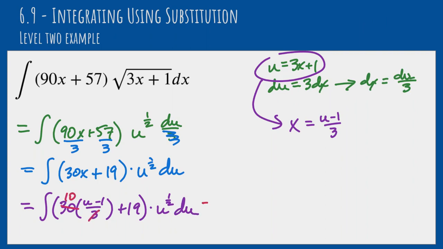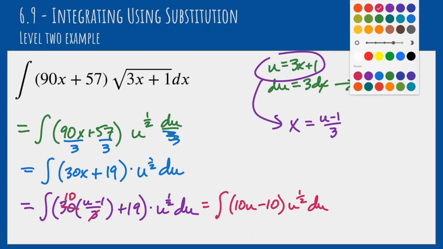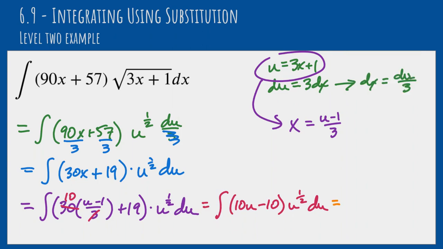So we get the antiderivative of 10u minus 10 times u to the 1 half du. And that we can actually distribute. So we can rewrite that as the antiderivative of 10u to the 3 halves minus 10u to the 1 half with respect to u.